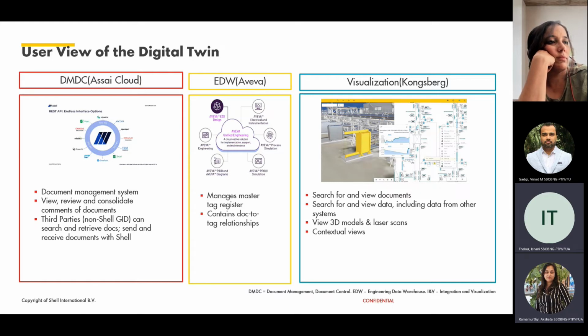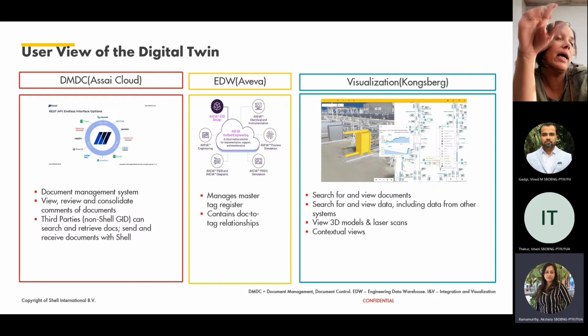So this is used to view, review, and consolidate the documents. Plus, this is also used by third parties, people who are outside Shell, to review the documents, who do not have access to the internal storage of Shell. Just like how you would call a call center and have an interaction with them to say, I am lodging a complaint because I did not receive this delivery on time.